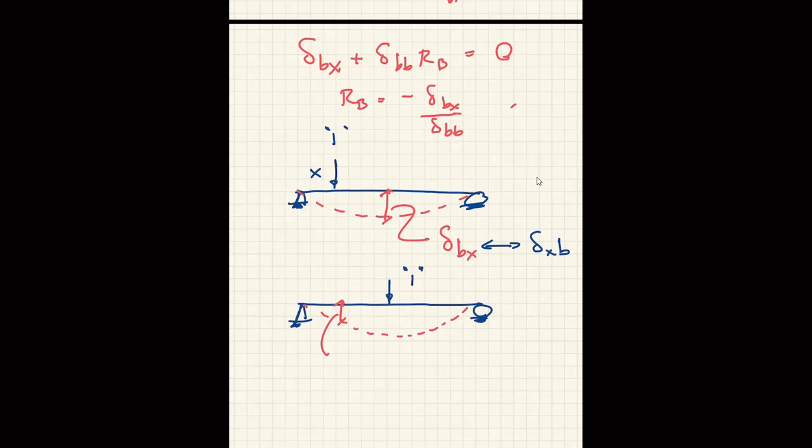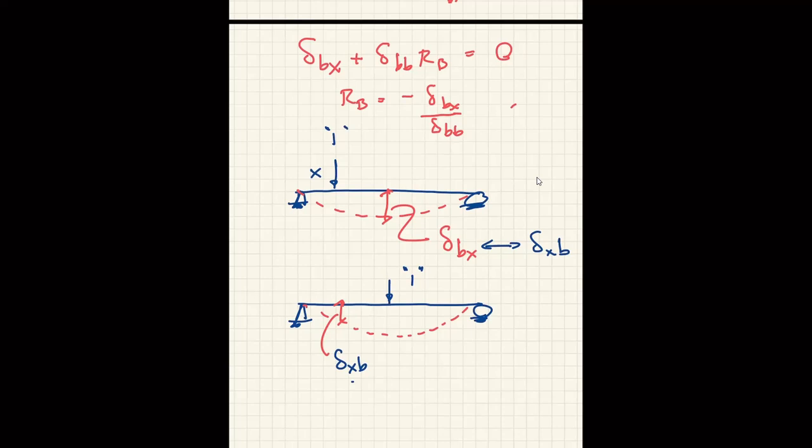So that is delta XB. Now it means that you can place the unit load at the location of the reaction and calculate deflection at any point X instead. So instead of placing the unit load every time, you place the unit load once and calculate displacement at various locations instead. So basically that's it.